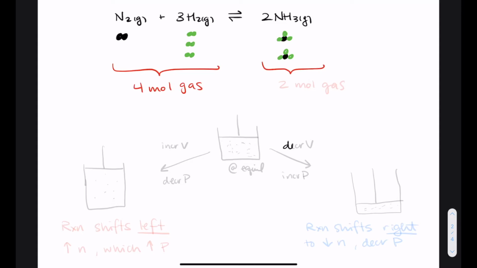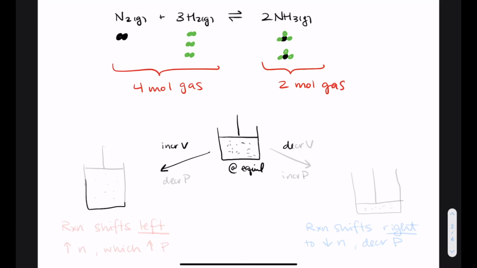Which, scaled up, we're really talking about moles of gas. On the left, I have a total of 4 moles of gas. 1 is N2, 3 are H2. On the right, I have 2 moles of gas. Both are NH3.